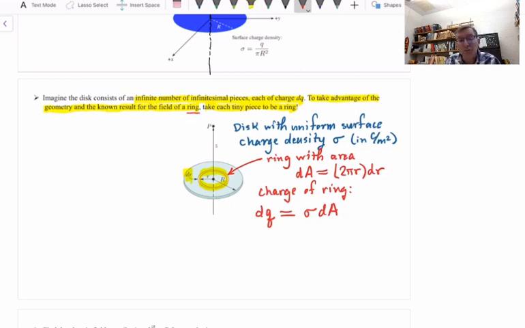Remember, sigma is charge per unit area. So that is sigma times 2 pi r dr. And now we have a nice little symbolic expression for the charge on a ring as a function of its radius. All right, so that highlighted ring is the tiny piece of the disk that we're now going to write down the electric field for.